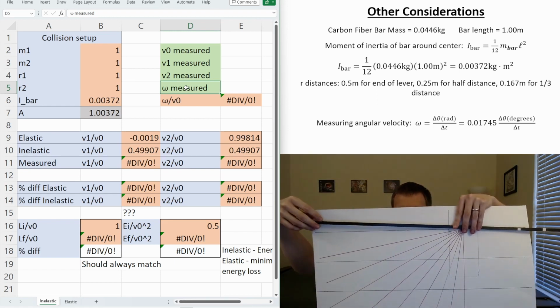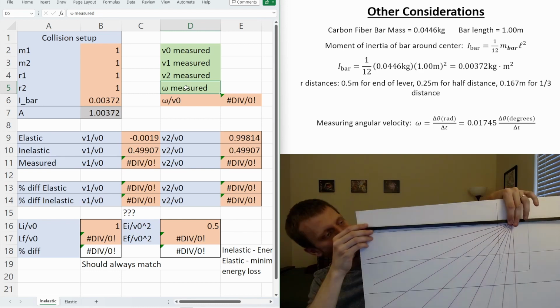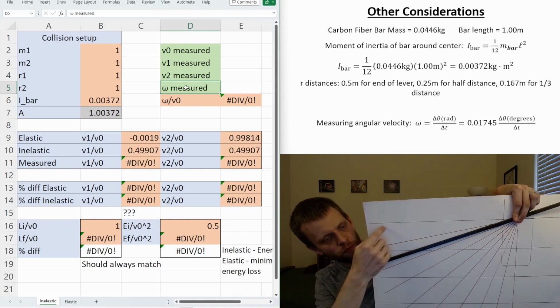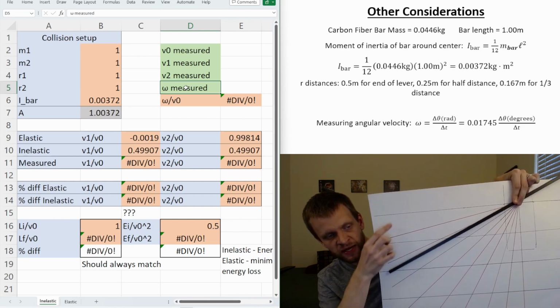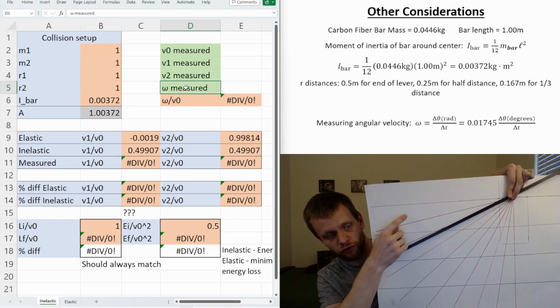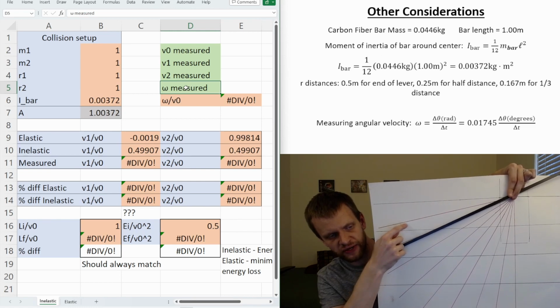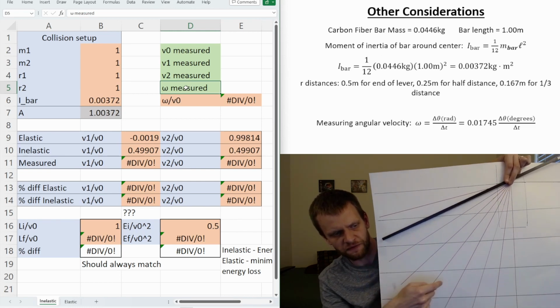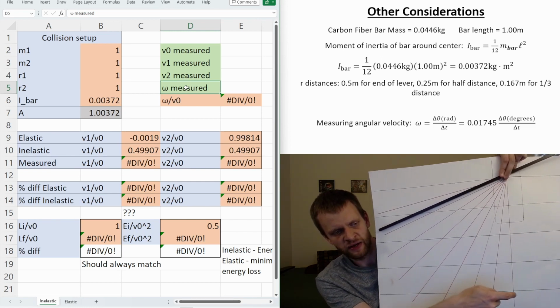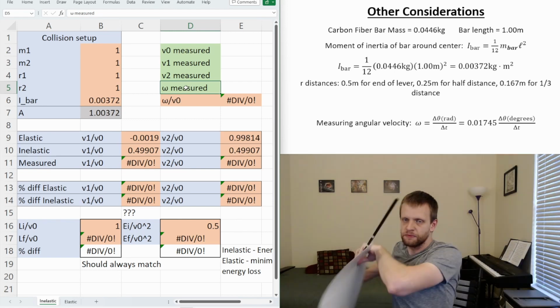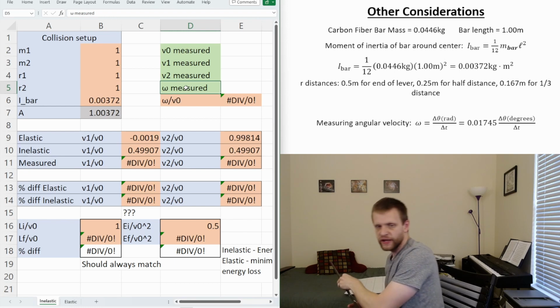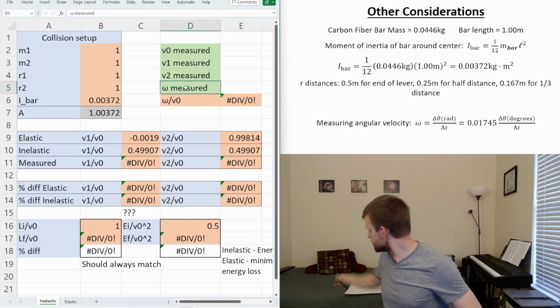So when the object hits the fulcrum, we're going to be able to measure how many degrees this rotates through in a certain amount of time. Each of these are set up at 10-degree increments, so this is 10 degrees, 20 degrees, 30, 40, 50, 60, 70, 80, and then 90 is just the vertical one there. We're going to be able to measure what that angular velocity of this system is.